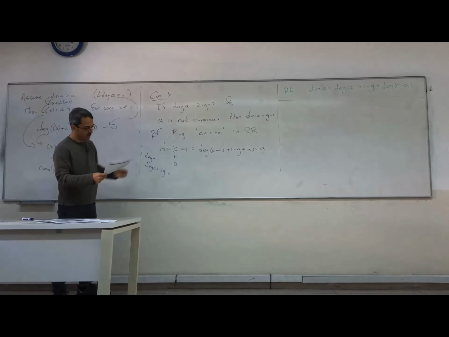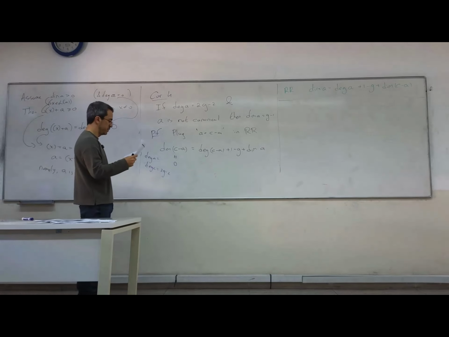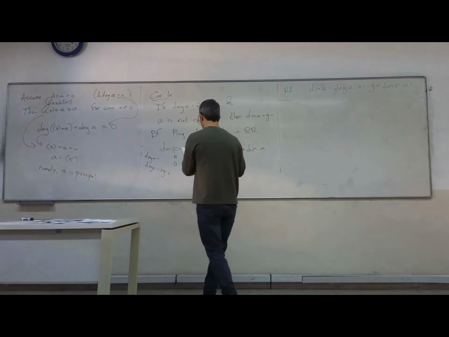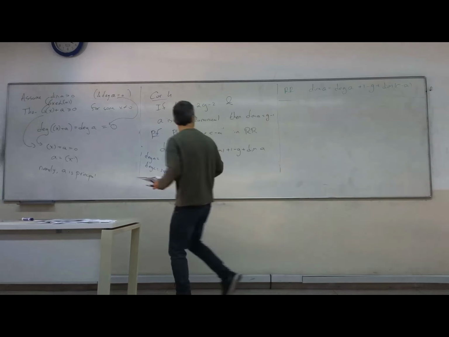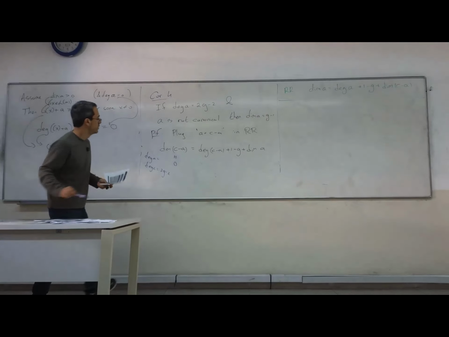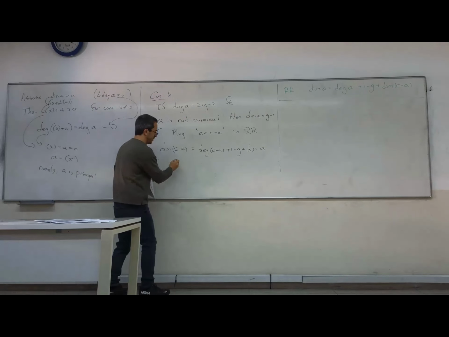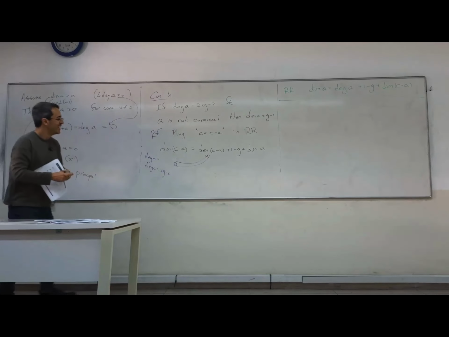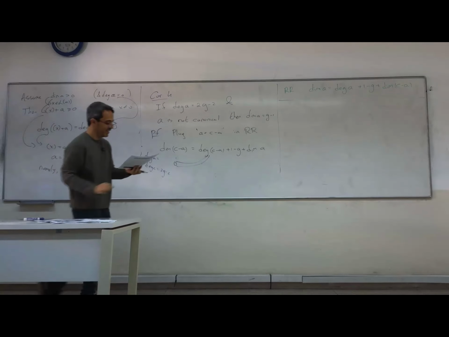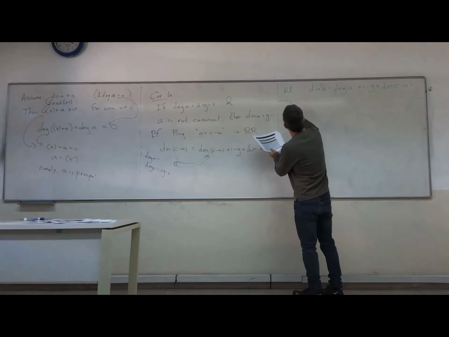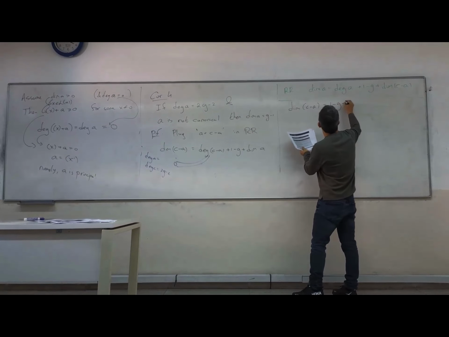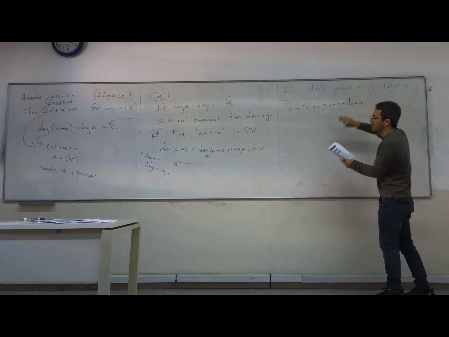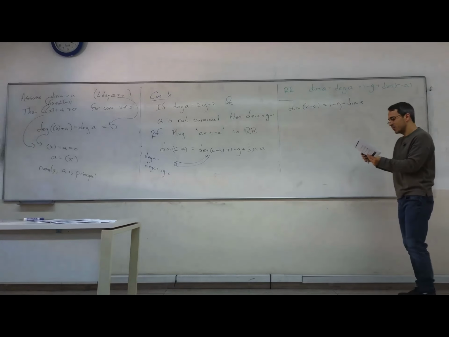So that's 0. We get that the dimension of C minus A is 1 minus g plus the dimension of A, in this particular case where A has degree 2g minus 2.